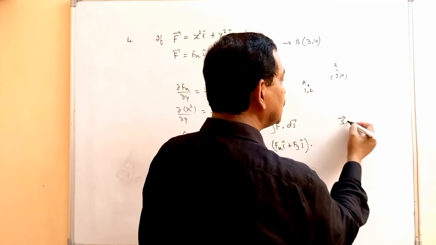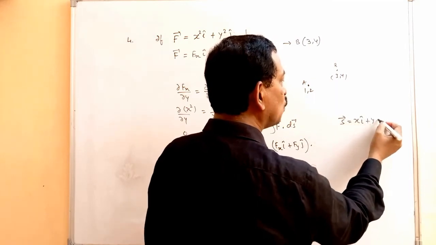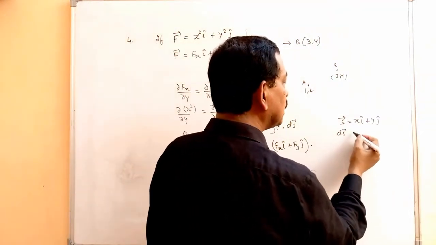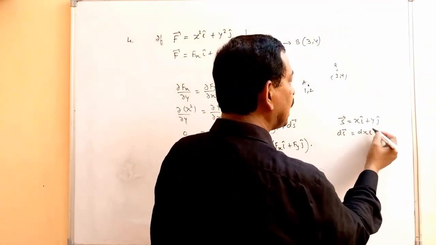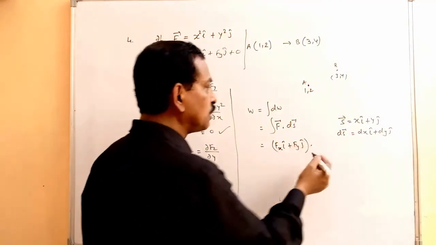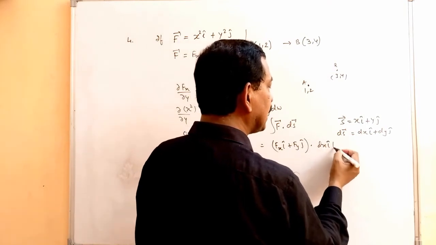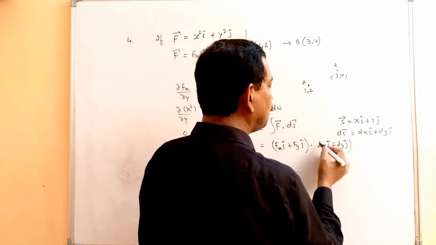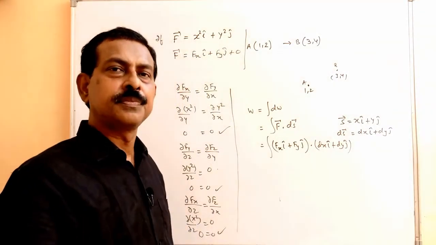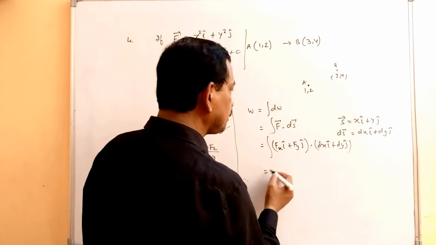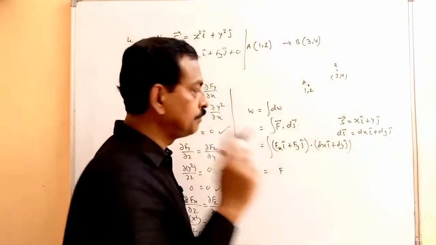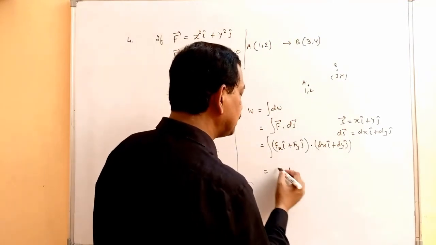Now for the ds vector. Displacement, we know, is written as x i + y j. So the ds vector will be dx i cap + dy j cap. If you substitute it here, it is dx i cap + dy j cap, the dot product, and then the integration. Now here, this one will give you Fx dx integral, because i dot i will be 1.